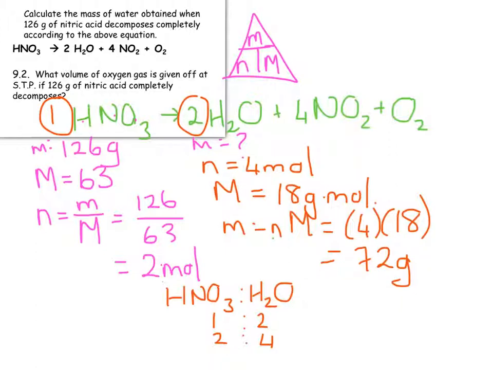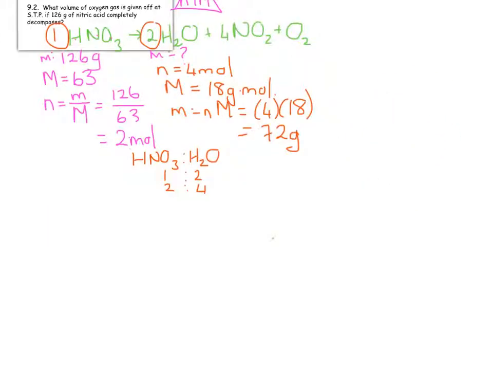They then say what volume of oxygen gas is given off at STP with exactly the same mass of nitric acid. So now I'm interested in a volume of oxygen gas. I'm going to draw up a relationship now between the nitric acid that I know and the oxygen gas.